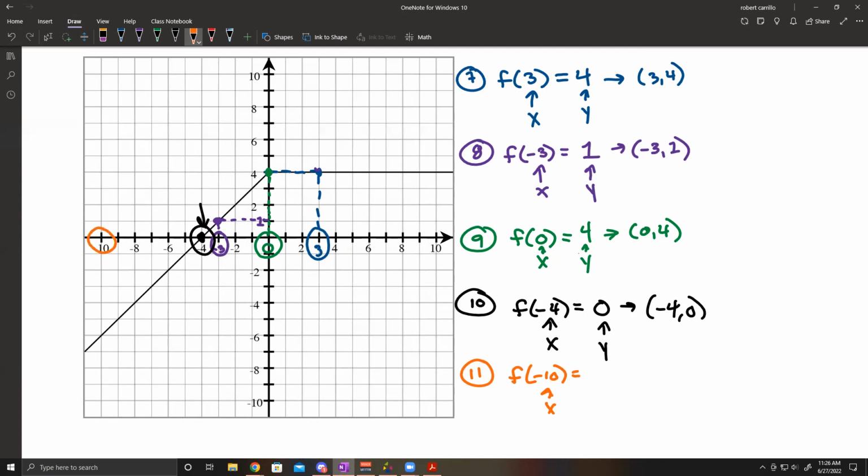So that's over here. When x is -10, we go down to the graph. We see our y value there. And we see that when x is -10, y is -6. There's our y value. -10, -6.